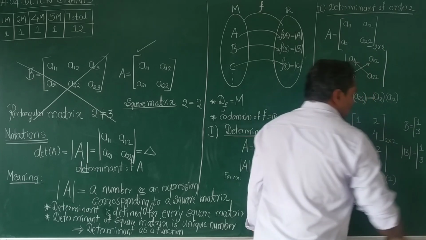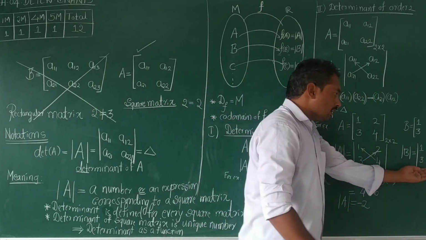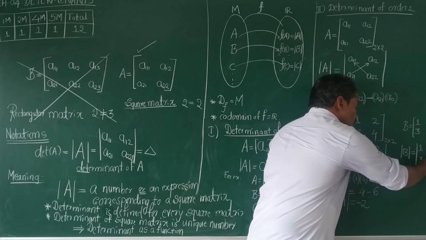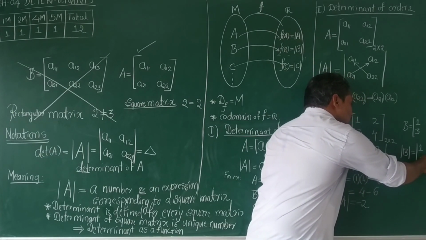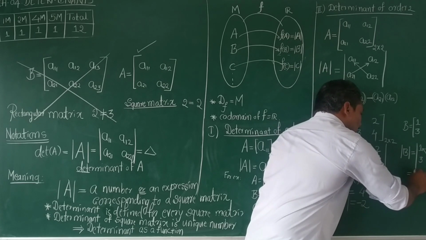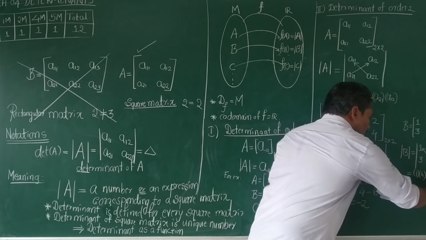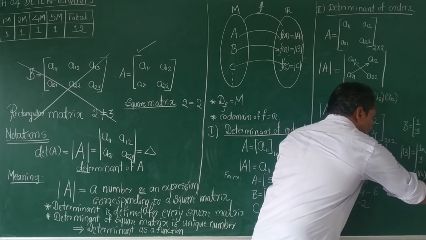It is known as a determinant of order 2. Therefore, by definition, to get a real number, consider the product of principal diagonal elements first, then put a negative mark, then take the product of non-principal diagonal elements.